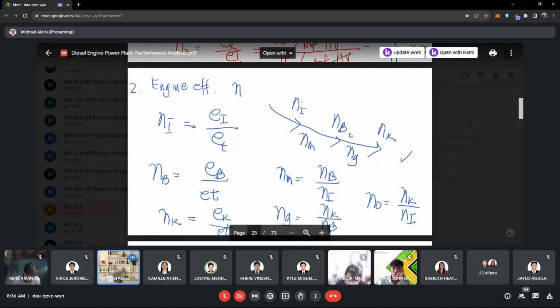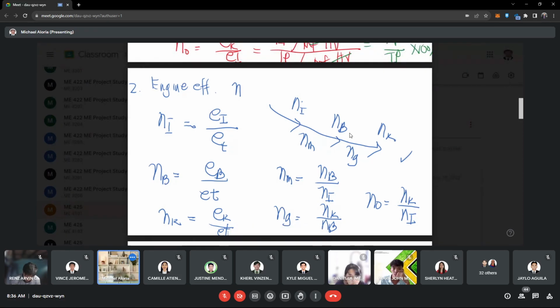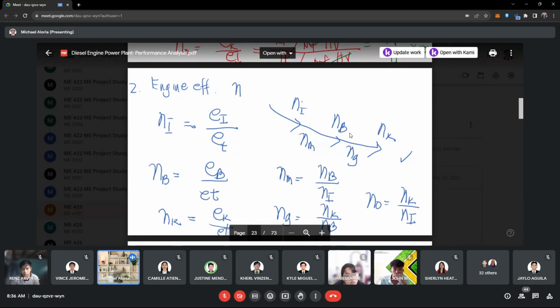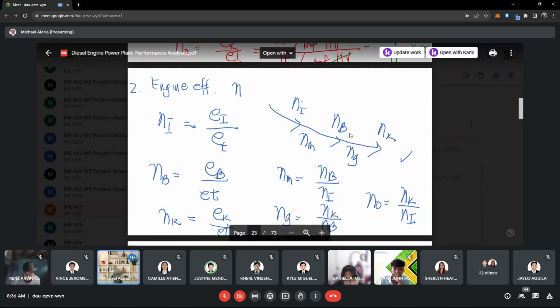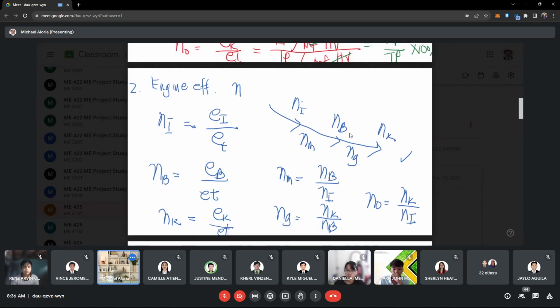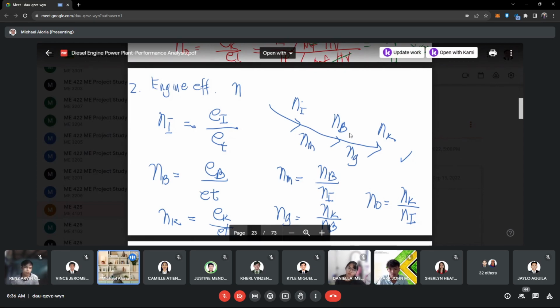Take note na, hindi pwedeng mabago yung flow ng arrow natin, yung direction ng arrow. No, hindi pwedeng bumalik. No, take note ha, we are producing power. Hindi pwedeng pabalik yung arrow. Okay? Pag pinabalik mo yung arrow, that is a big violation. No? Laging palabas kasi power output.